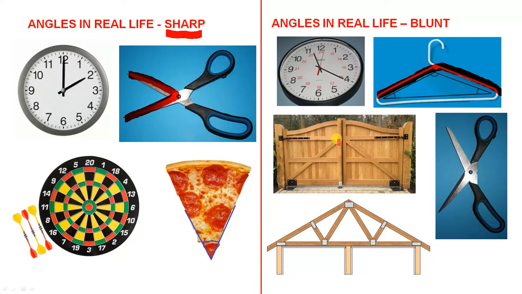It stops the gate from wobbling. There's a perfect example of a blunt angle. When the scissors is open very wide, look at that perfect example of a blunt angle. And for the roof truss, here is a perfect example of a blunt angle.